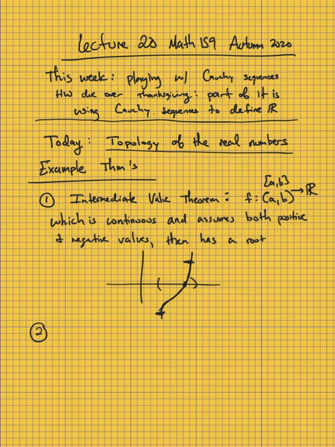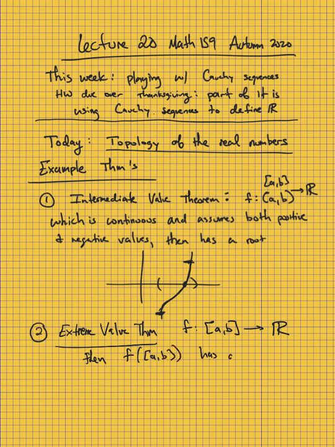The other one is called the extreme value theorem, or the maximum-minimum theorem. Again, it says if I have a continuous function, now I have to be careful about the intervals, from [a,b] to R, then the image f([a,b]) has a maximum value and a minimum value.